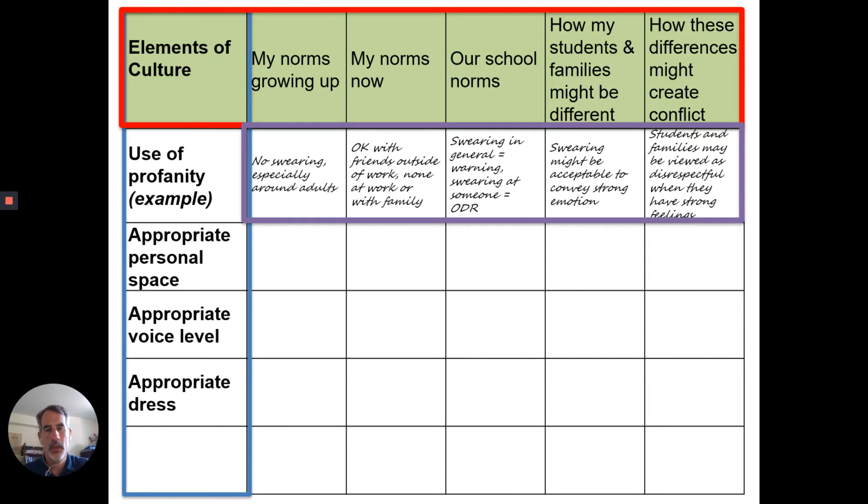Where I've seen this being different for families and students is that I think for some of the families that I've worked with, swearing is a way of expressing strong emotion.